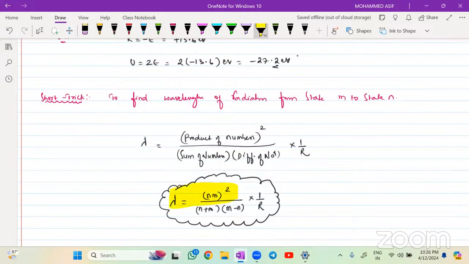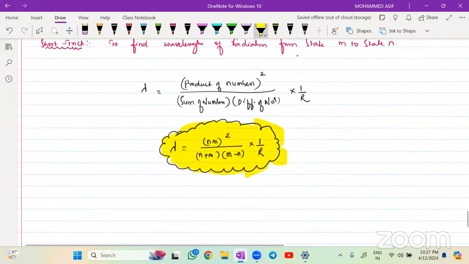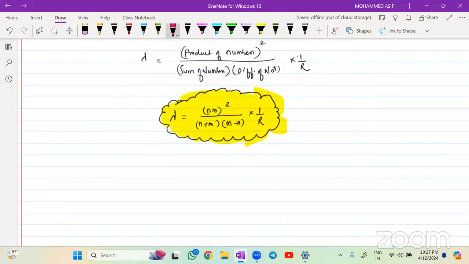To find the wavelength, I'll be using the formula lambda is equal to (n into m) whole square divided by (m plus n) into (m minus n), multiplied by 1 by R. I'll give an example. See, it was already asked once in NTA exams.